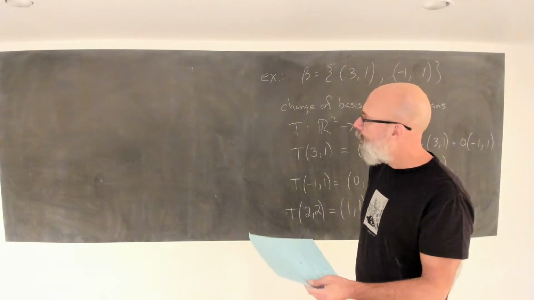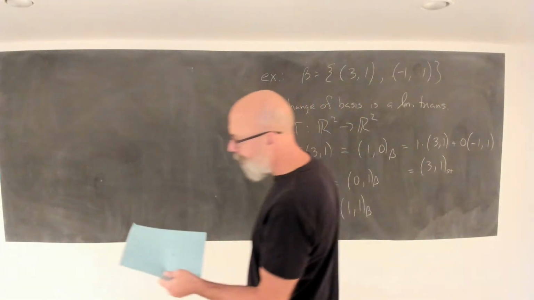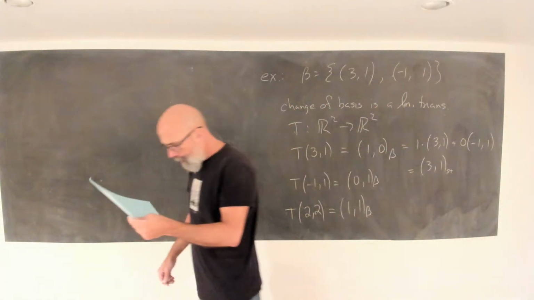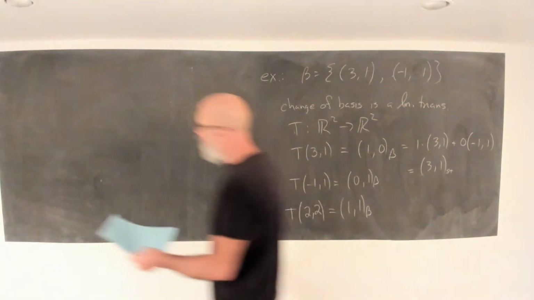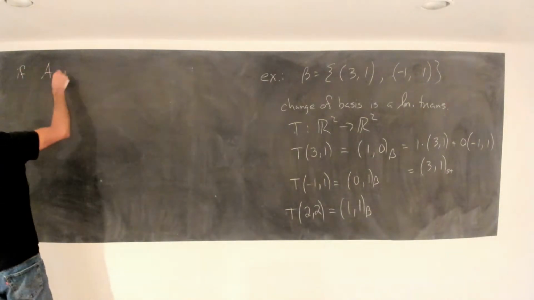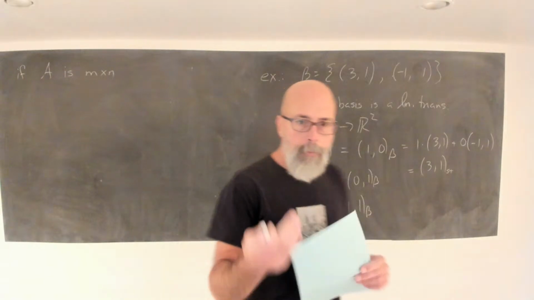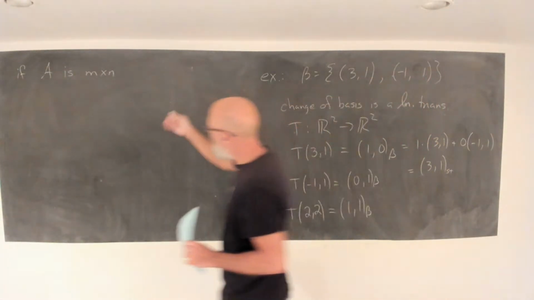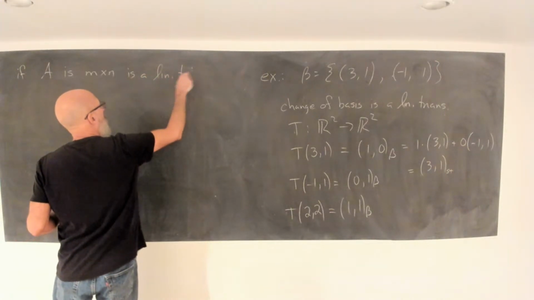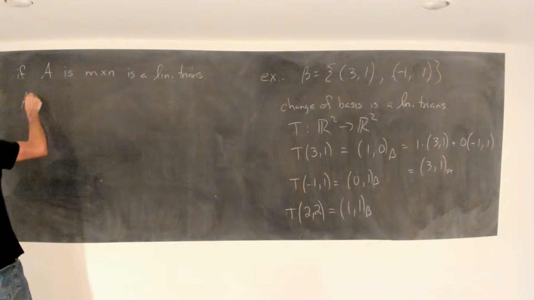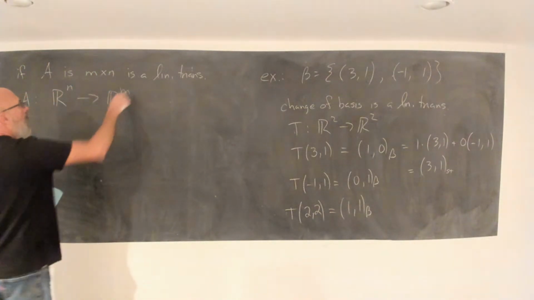We were looking at linear transformations, and we saw that multiplication by an m by n matrix, if A is m by n, can be seen as a linear transformation from Rn to Rm.